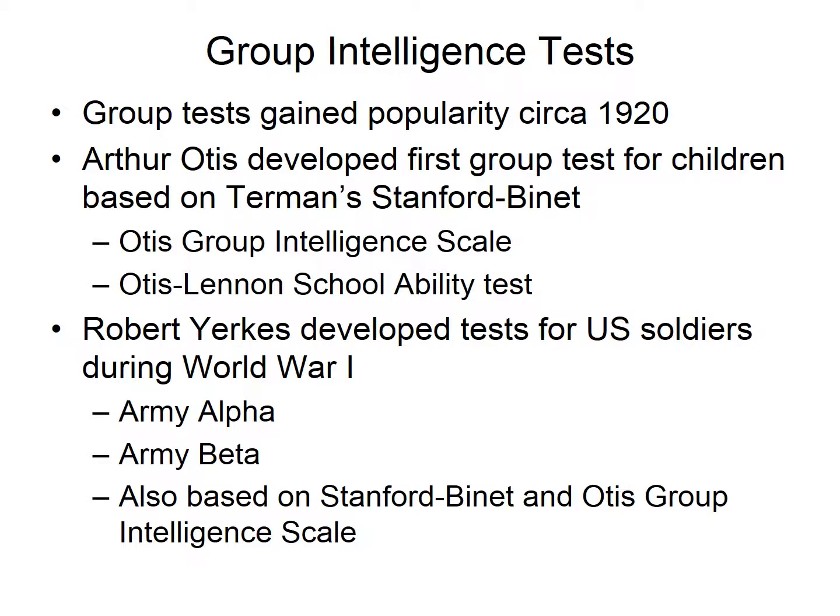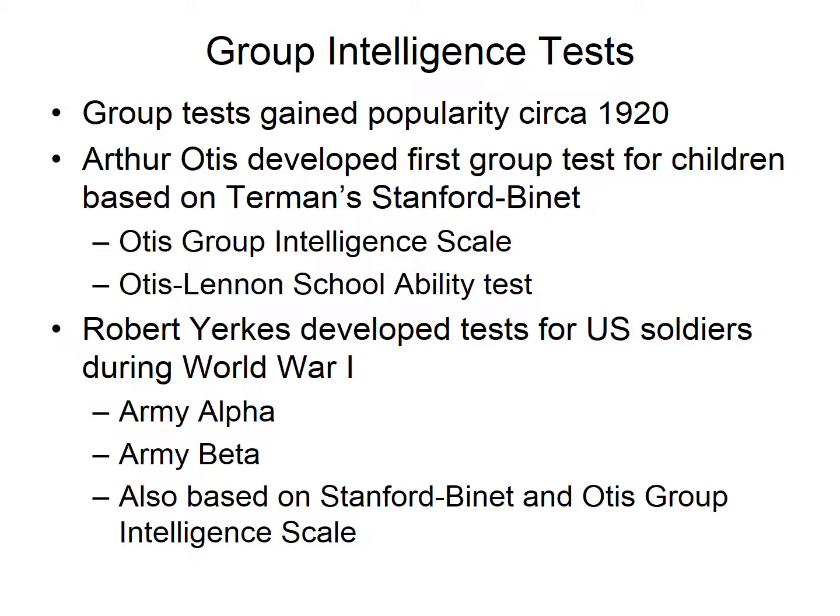And there's a lot of different tests out there today that do this. Most of our standardized testing, so whenever you're sitting down to take a standardized test, is some form of group intelligence test. Around the same time, Robert Yerkes developed tests for U.S. soldiers during World War I, the Army Alpha and Army Beta tests, also based on the Stanford-Binet and somewhat on the Otis Group Intelligence test, so building on what was already there, looking at the literature and coming up with a new scale.